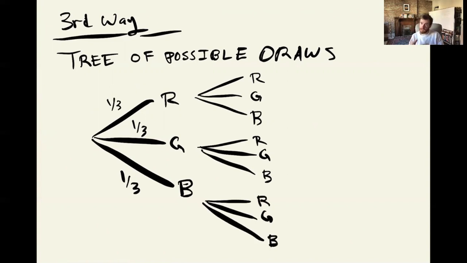The one thing to keep in mind here is that the probabilities I write on each of these edges are conditioned on what happened before. So in particular, if I draw out a blue ball in the first step, then the probability of getting a blue ball in my second step, well, let's think about it.